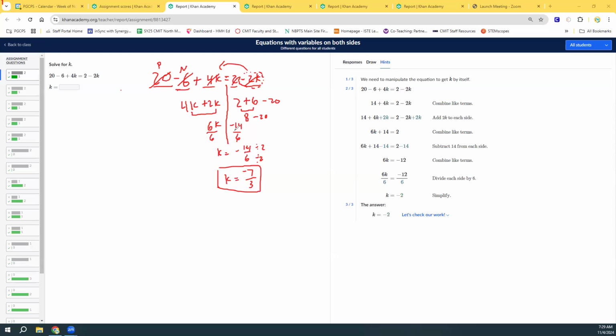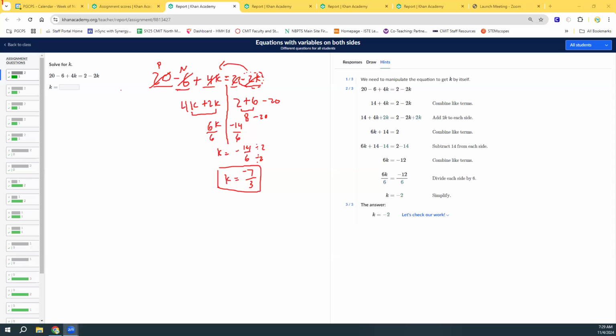Okay, so let me pause it and find my mistake. Okay, I found my mistake. Sorry, guys. It's just come to my attention that 8 minus 20 is not 14. It's negative 12. Sorry about that.